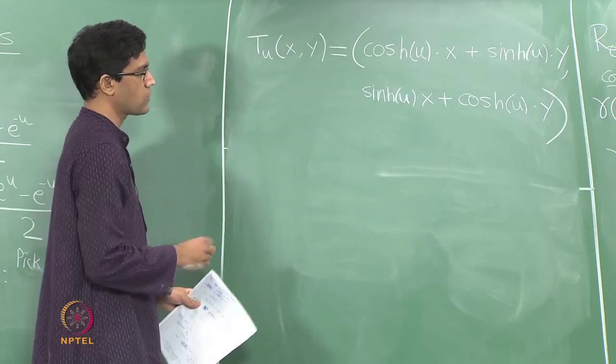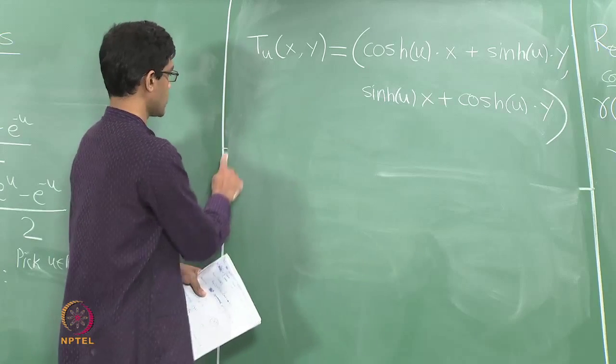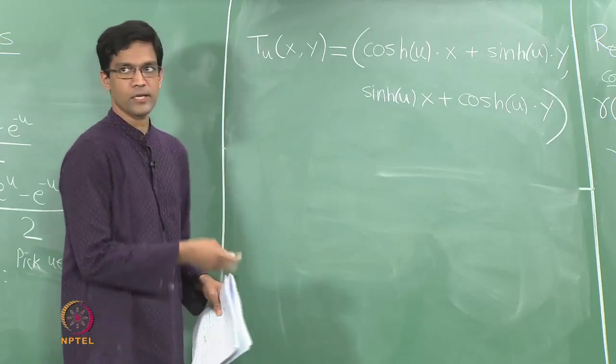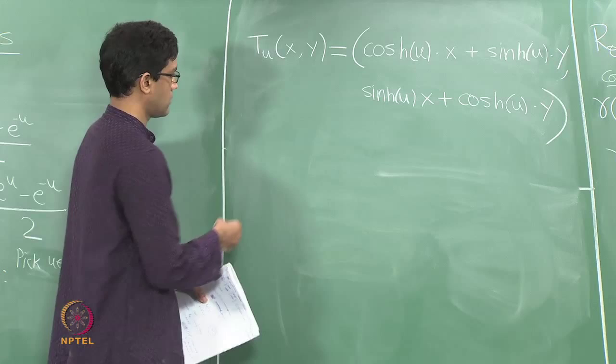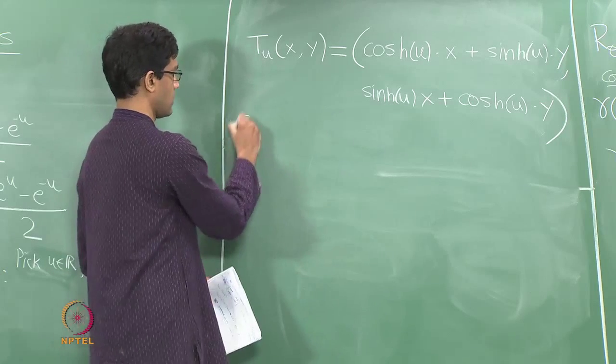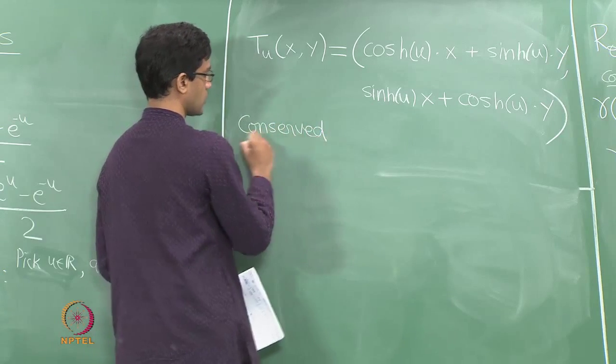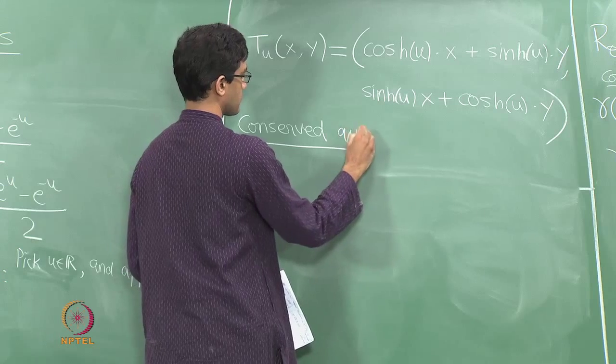Okay, so at this point we don't yet have a very geometrical idea of what this does. It's not like a rotation or any such thing. It's somewhat different. Now again the question is really the following: can you find a conserved quantity for this evolution? So here's the thing that I'd like you to check. So here's the conserved quantity.